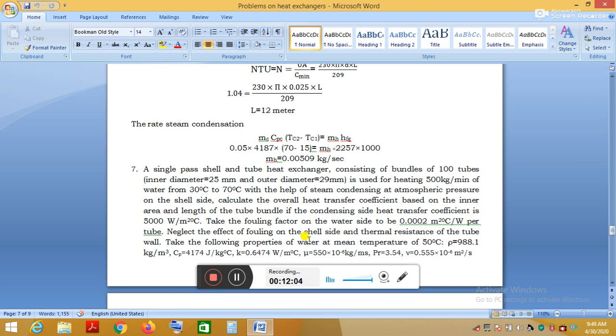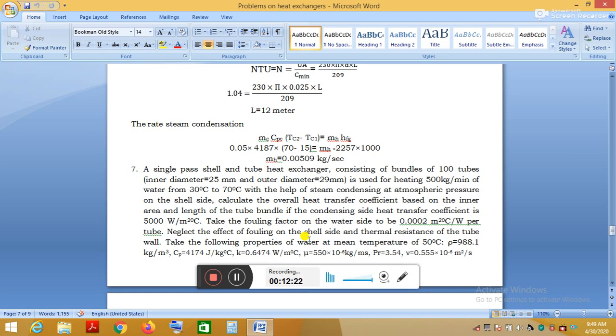That means he has given the mass flow rate of the cold fluid in kg per minute. Tc1, the inlet temperature of the cold fluid, is 30 degrees Celsius. Tc2, the outlet temperature of the cold fluid, is 70 degrees Celsius.